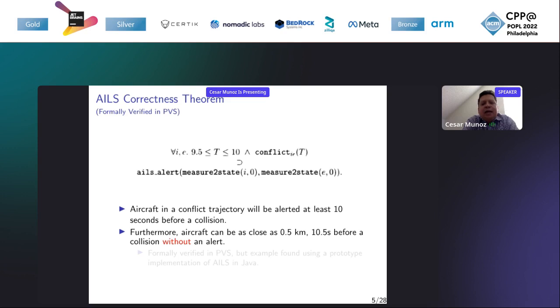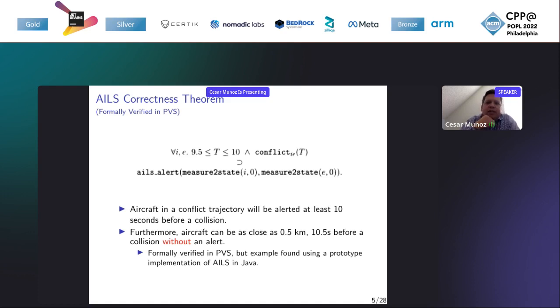And at this time, the aircraft can be as close as 0.5 kilometers. That property was also verified in PVS, but the way that we found that counterexample was by simulating in Java the algorithm and some of the trajectories.